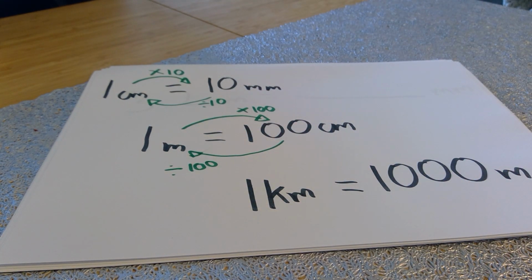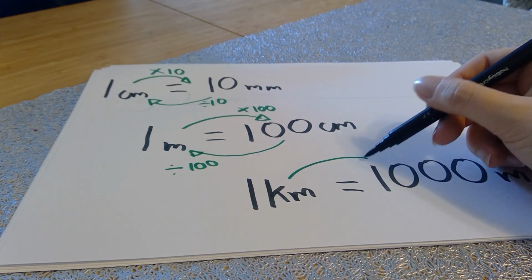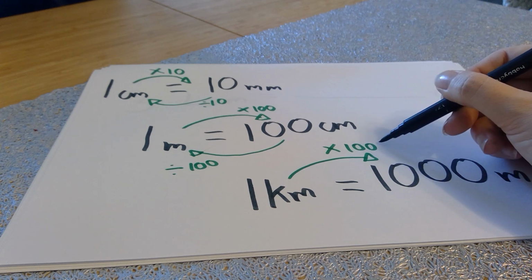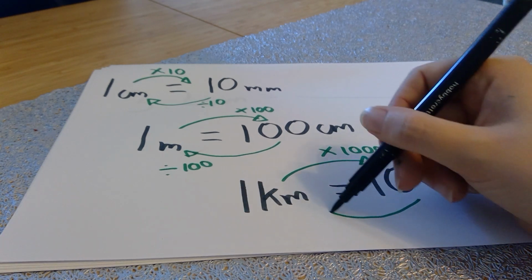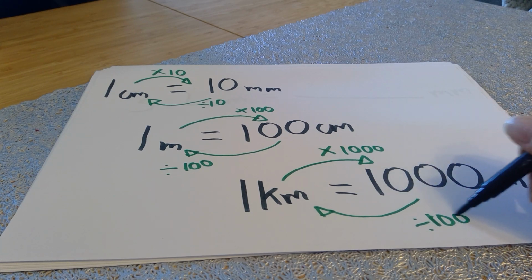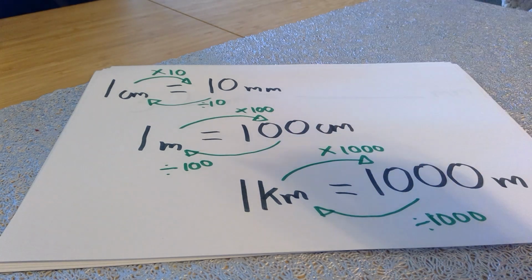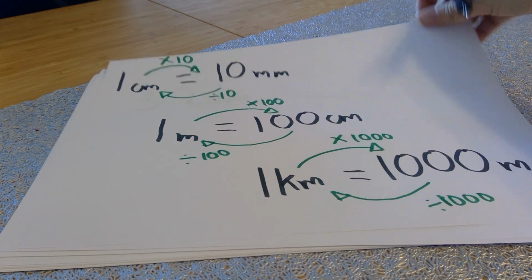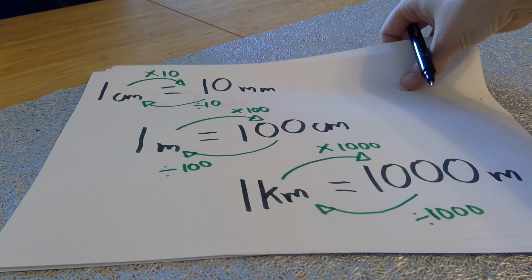What about the next one? Fantastic. Same thing, but this time times 1000, and divide by 1000 because there are 1000 metres in a kilometre. Excellent. I'm going to use that now to help us on our questions.